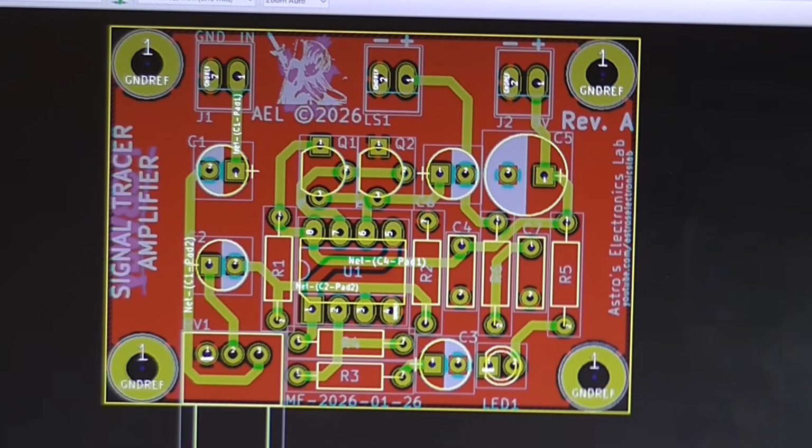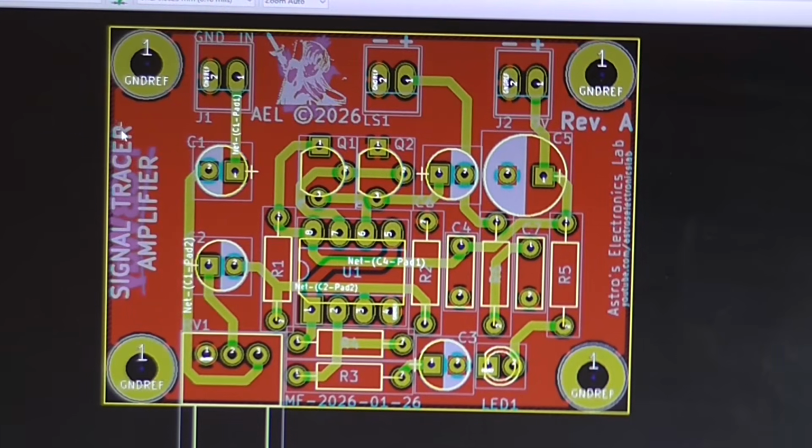I've done one thing with this particular PCB. It's double-sided, but I've also got a copper ground plane on the top layer, which connects all the grounds together, and also adds shield grounding around all the pins of everything else here to try and keep any possibilities of oscillations down.